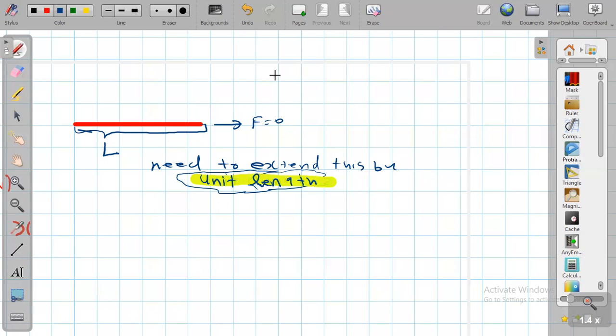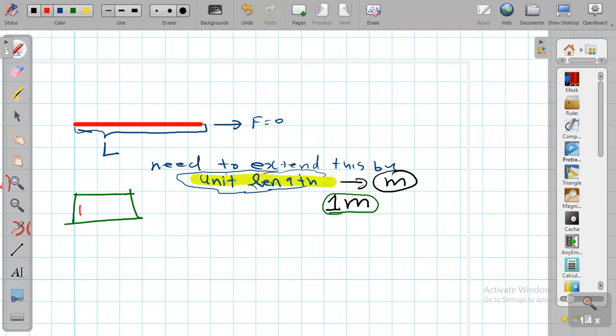Unit length means, okay, what is the unit of measurement of length? The unit of measurement is meter. So unit length is what? 1 meter. Whenever you hear unit something, that means one of that. Okay, unit area. What does it mean?